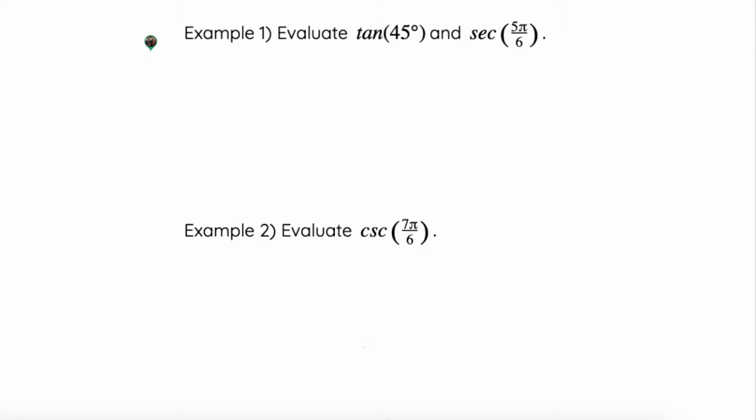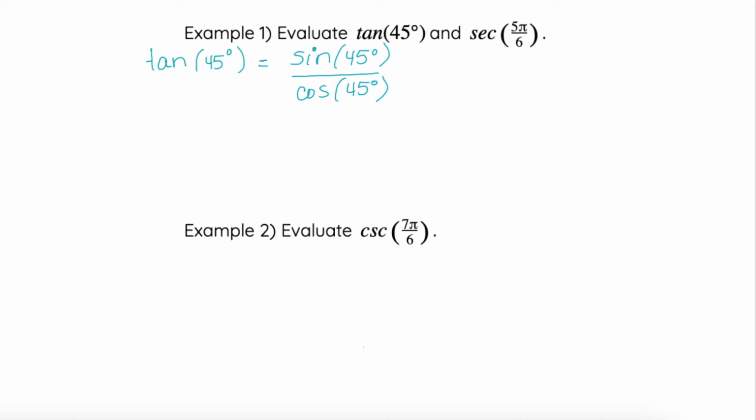But we'll do it the old-fashioned way so we can see, how does it become 1? How is tangent of 45 degrees 1? So I'm going to start with tangent of 45 degrees. I know tangent is the same as saying sine of 45 degrees over cosine of 45 degrees.